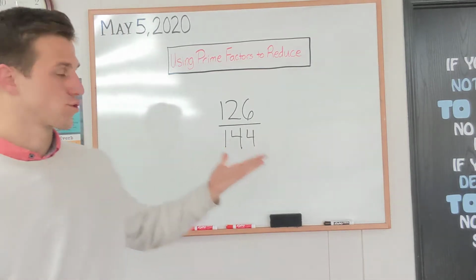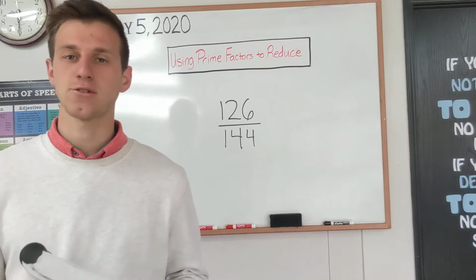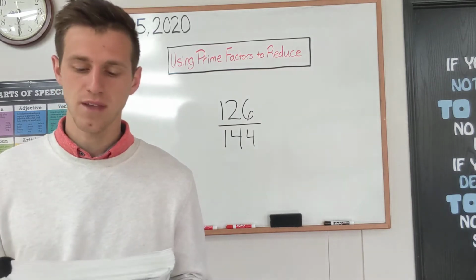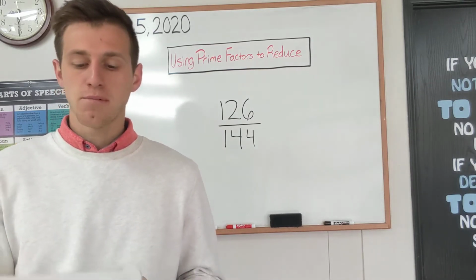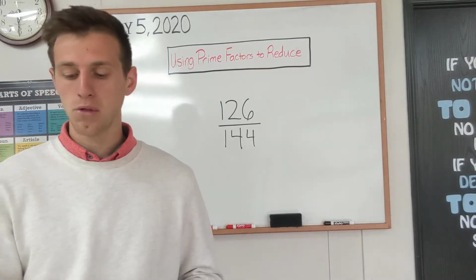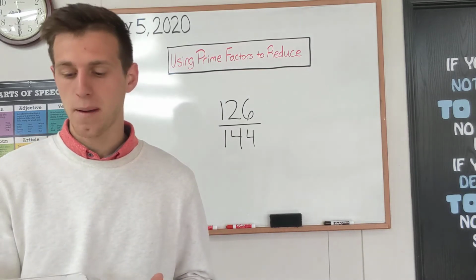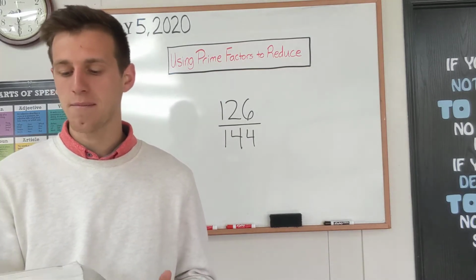So if we have a large fraction like this, it might be kind of likely that we miss a factor when we're reducing it, okay? If we use the prime factorization to cancel out the greatest common factor of both terms, we can quickly find the simplest form of the fraction by multiplying the remaining prime factors.